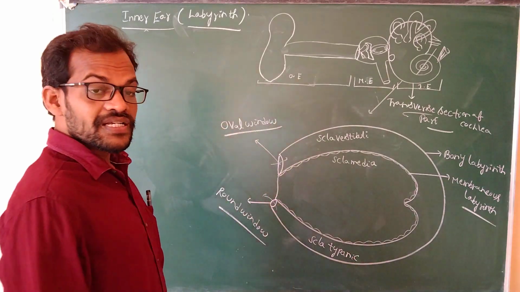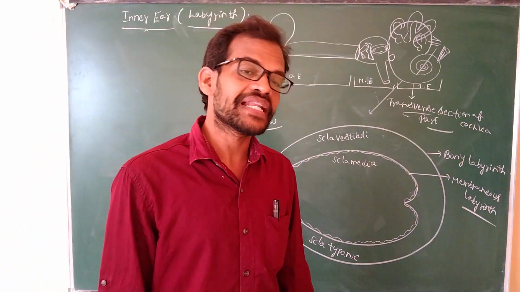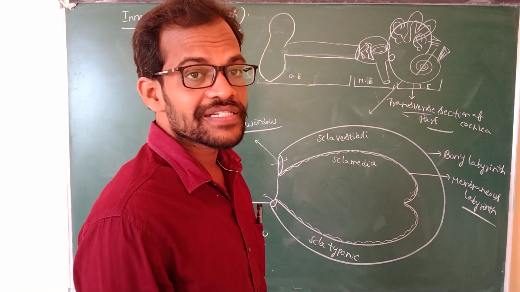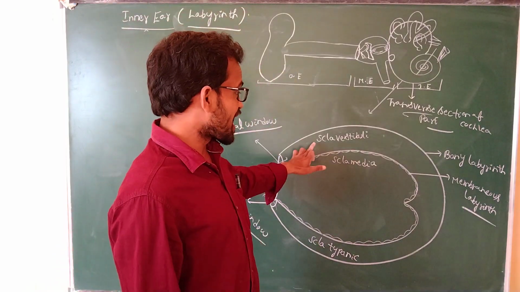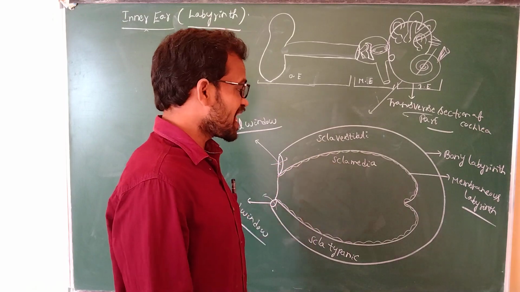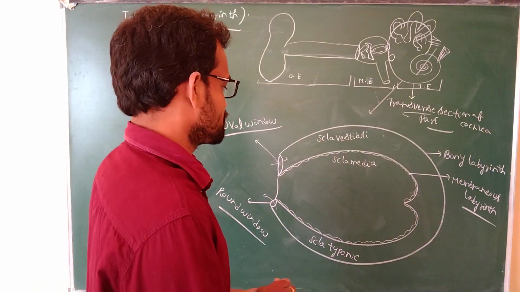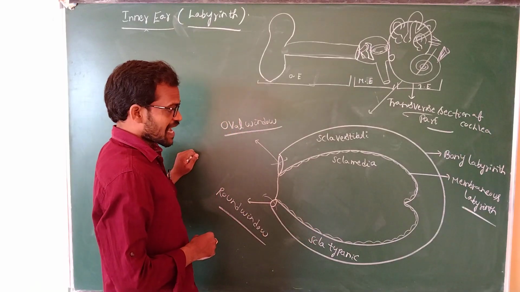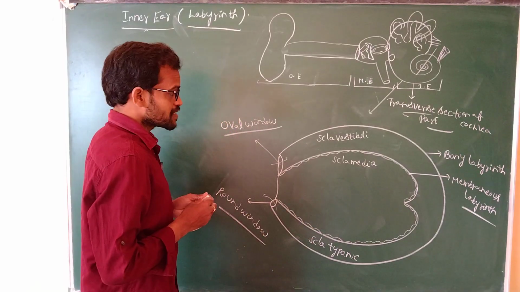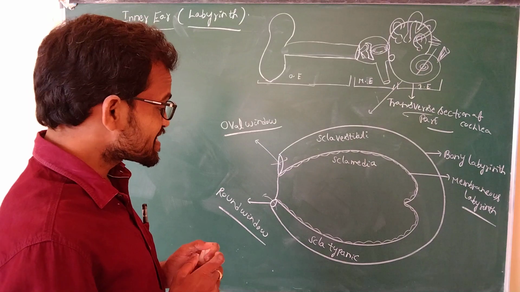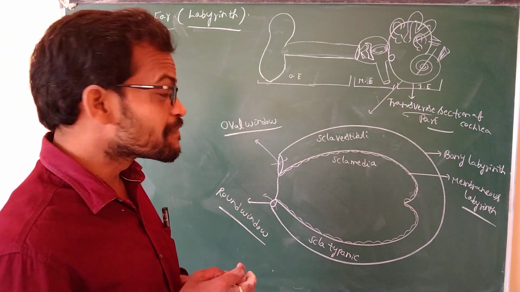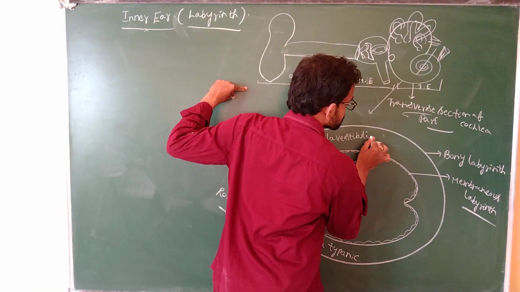The scala vestibuli and scala tympani, the outer bony part, are filled with perilymph.